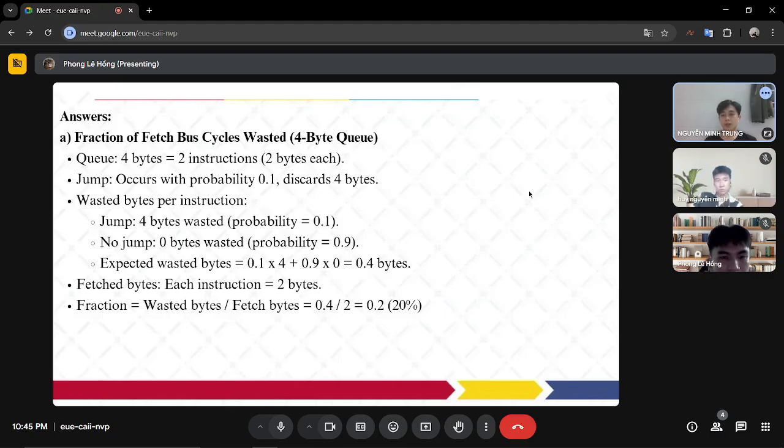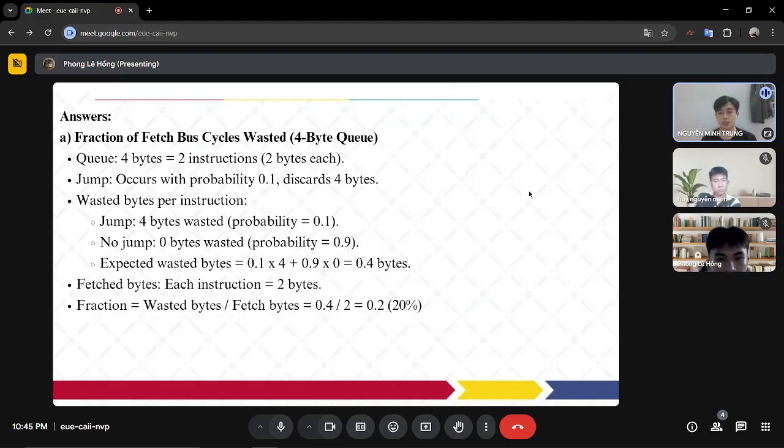Expected wasted bytes is 0.4 plus 0.1 times 0.9 times 0, and the result we have is 0.4 bytes fetched by each instruction.